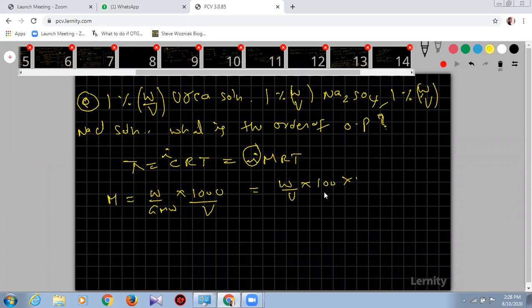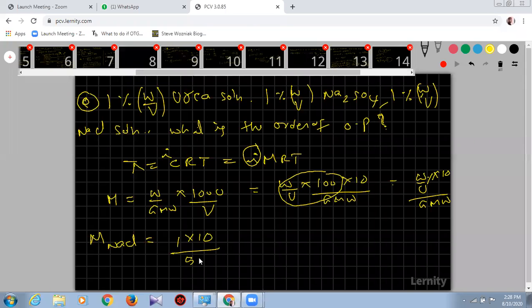So molarity equals weight by volume percentage into 10 by gram molecular weight. Now molarity of NaCl is equal to weight by volume percentage 1 into 10 by the molecular weight, 58.5, which is equal to 1 by 5.85.